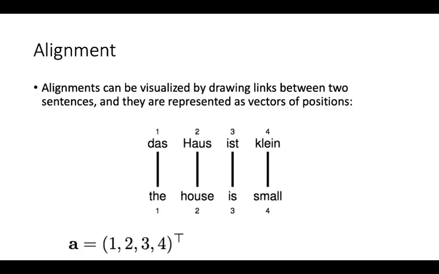A naive way is to assume that all the alignment aligns one word by one word in the same order. This sometimes works pretty well, but for some languages that are quite different, their order might be different.